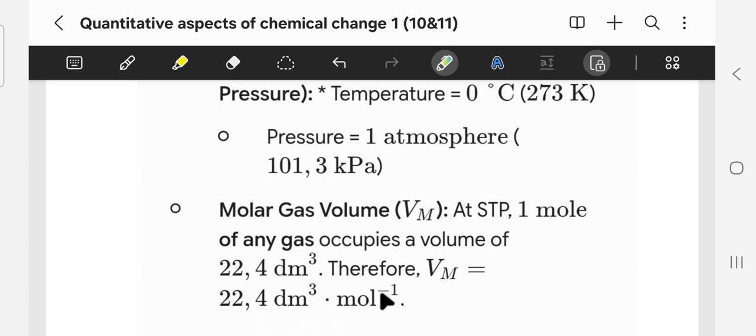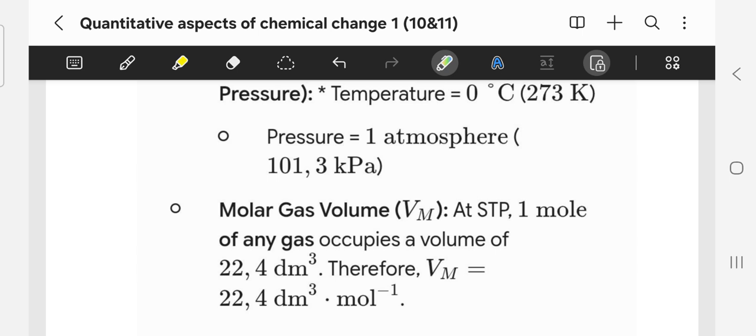and this means that our molar volume will be equal to 22.4 dm cubed per mole. This volume is also a constant. So when you are looking for the molar volume Vm, you must know that it's always 22.4 dm cubed, but sometimes things can change. In grade 10 and 11 this is the same amount, but sometimes they can give you a different volume.